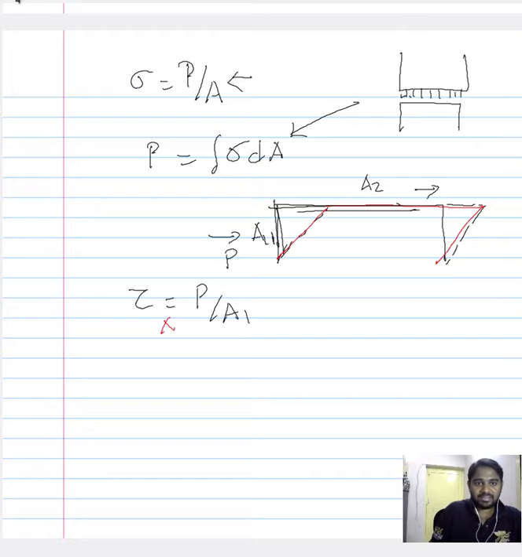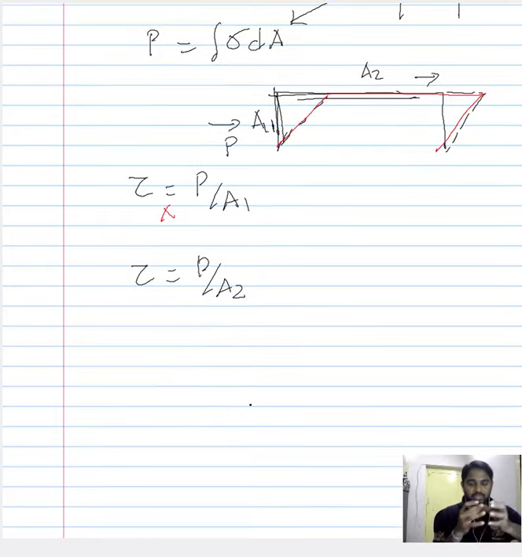The exact expression for the shear stress would then be P by A2. So you have to understand that the area that gives you the resistance, the area that prevents the deformation of the material, should be the area that is included here, not the area where the load is applied or where the load comes into contact with the material, but the area which offers the resistance.